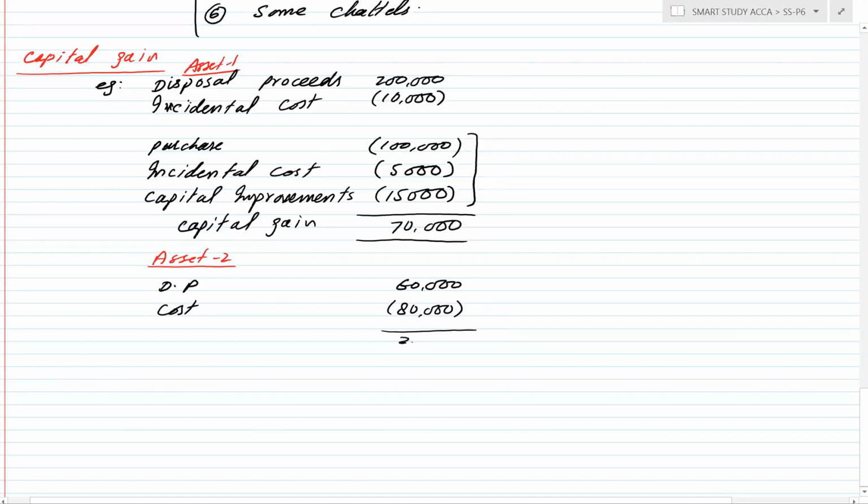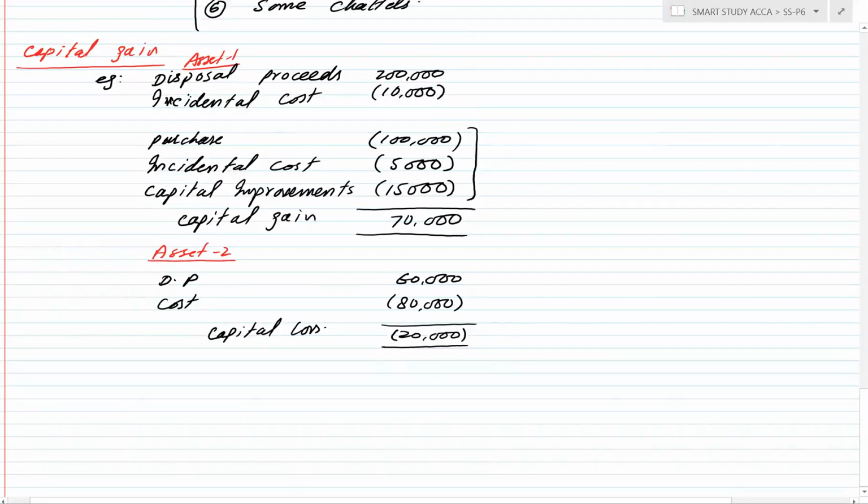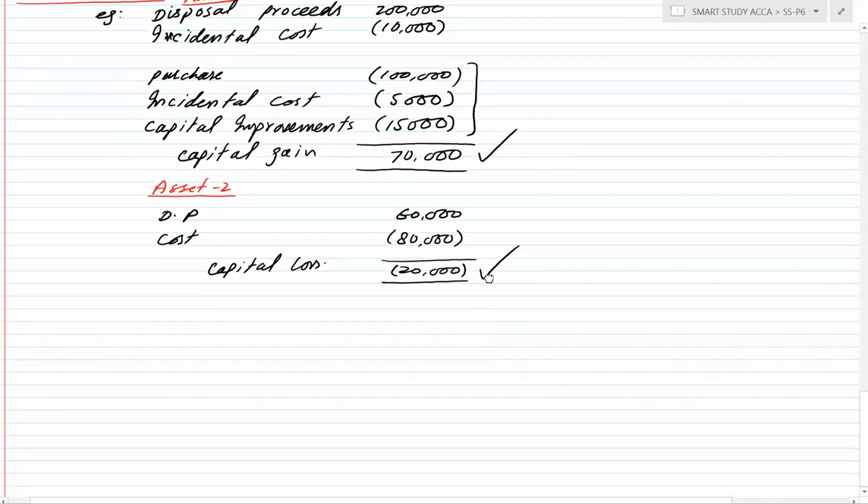And we have capital loss of £20,000 from asset number 2. So students, in this way, we will calculate gain or loss for every single asset in the working. And then later on, we will prepare the pro forma for all these assets. So just like I have calculated gain for asset number 1 and I have sold another asset, I have calculated loss for this asset, and then we will move towards CGT pro forma.